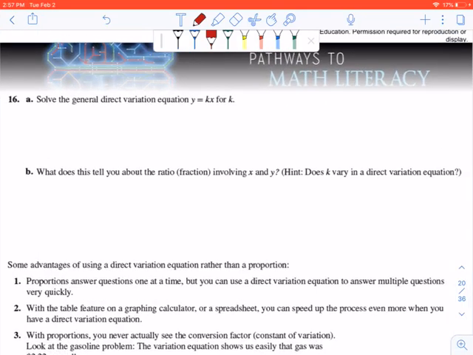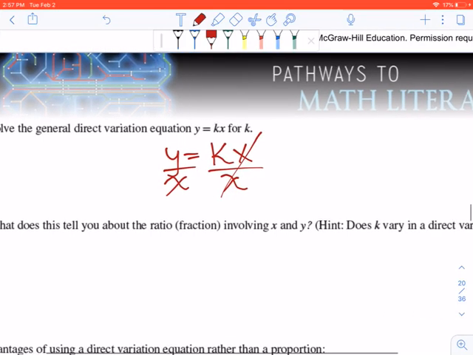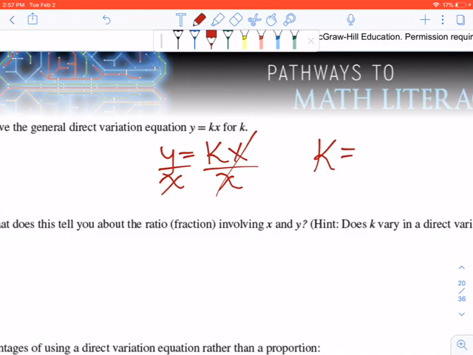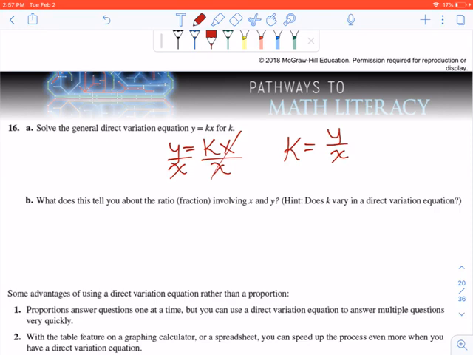So if I want to solve this for K, I need to divide by x because that's multiplication. That would cancel out the x over here, and we'd have K equals y divided by x. So to find the constant, you can take your y over x. So what does that tell us about that fraction?